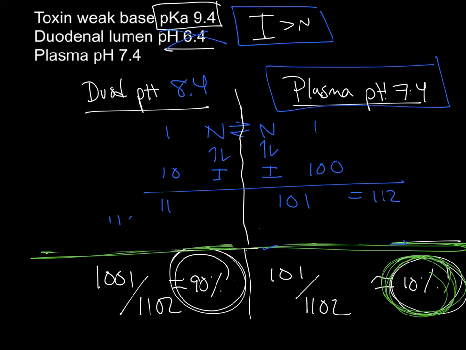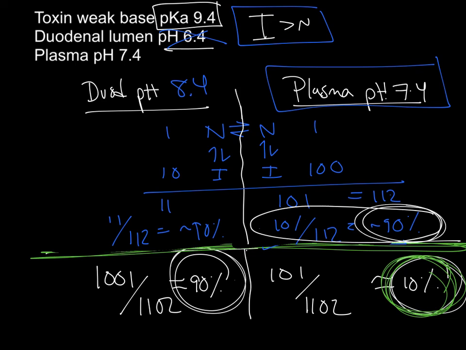And proportionally, 11 over 112 equals somewhere around 10%. And 101 over 112 is going to be somewhere around 90%. So now the question again was how much has been absorbed into plasma. So we're looking at how much is over here. Now the answer is 90%.